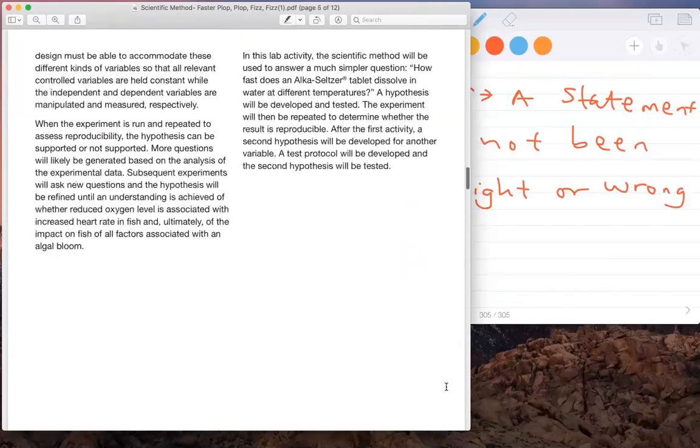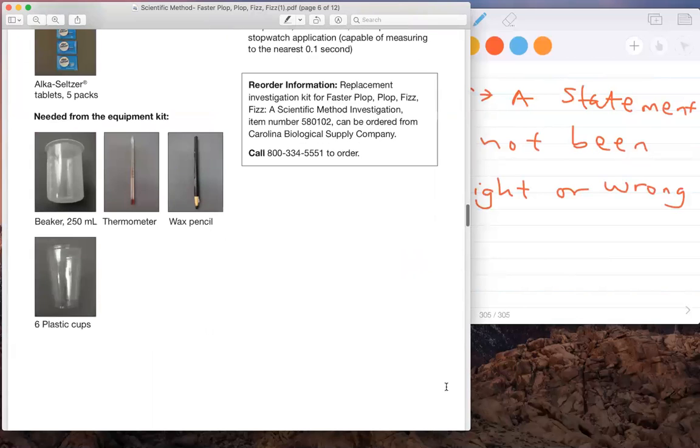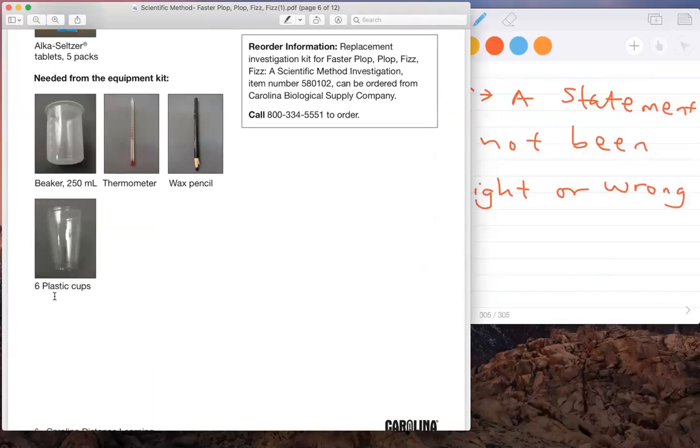This is what you need. Your lab kit came with 6 plastic cups. You may not see it, it's transparent. You need 6. There is a 250 ml beaker. This is a thermometer. You're going to need this to measure the temperature of water.